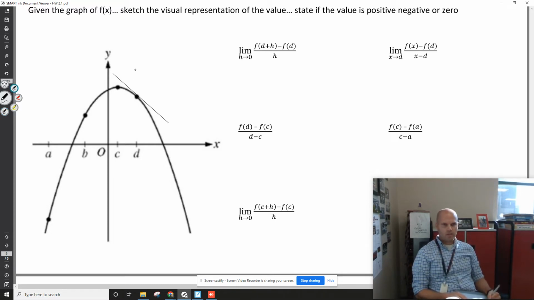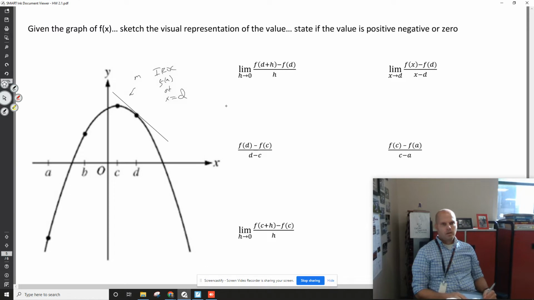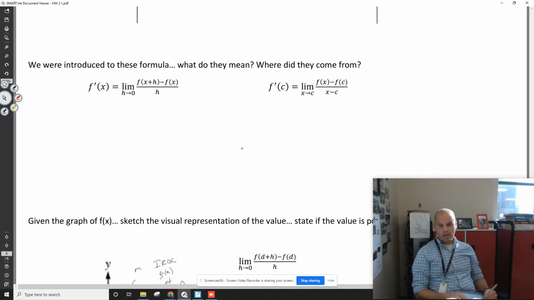The slope of this tangent line gives you the instantaneous rate of change of this function at x equals d. So that slope, which is negative, is telling you how quickly the function is decreasing at that point.